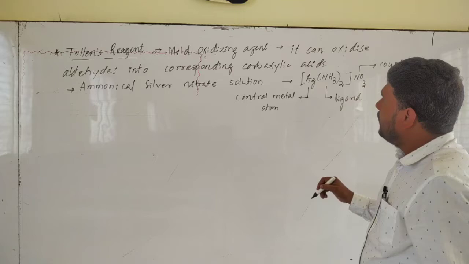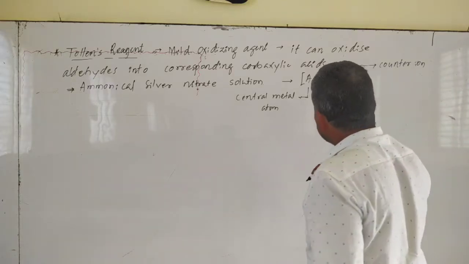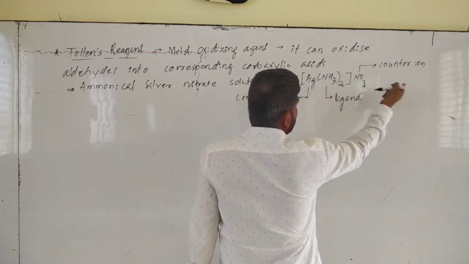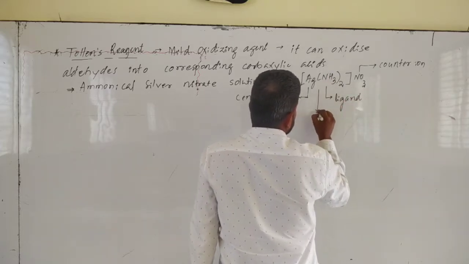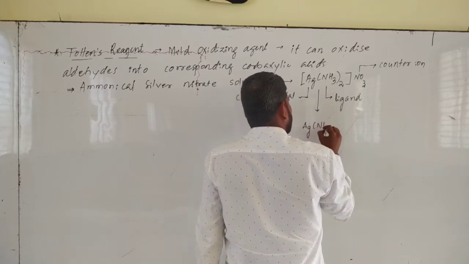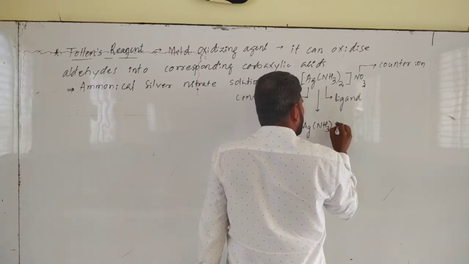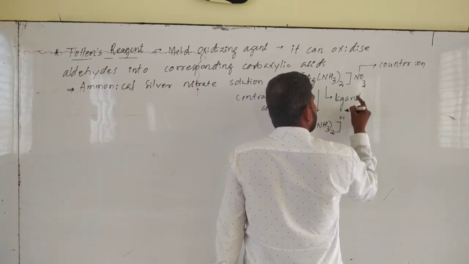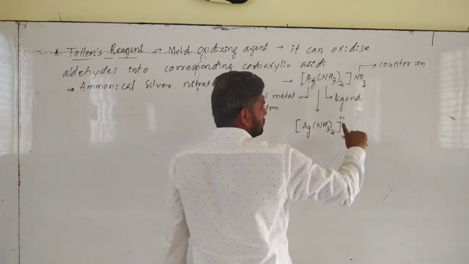Now you look at this over here. If you remove NO3 minus, what does it become? Ag(NH3)2 becomes plus 1, because NO3 is minus 1.